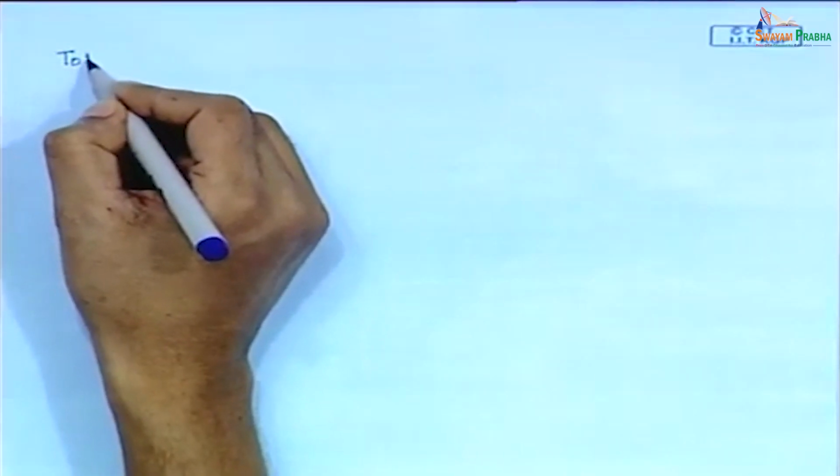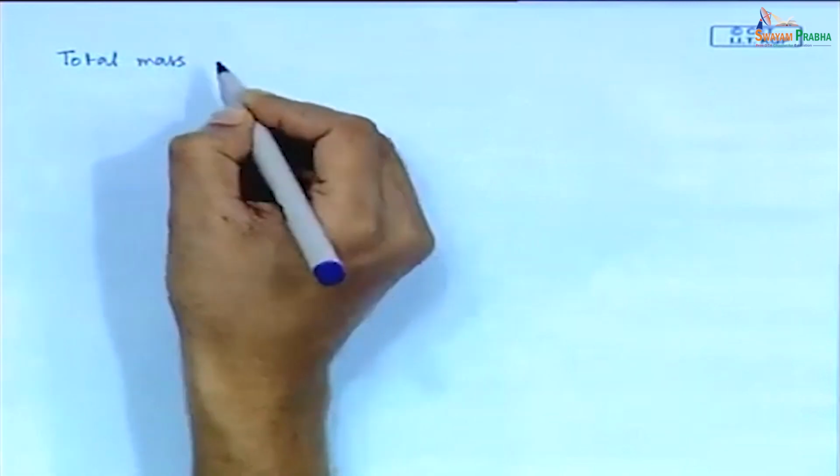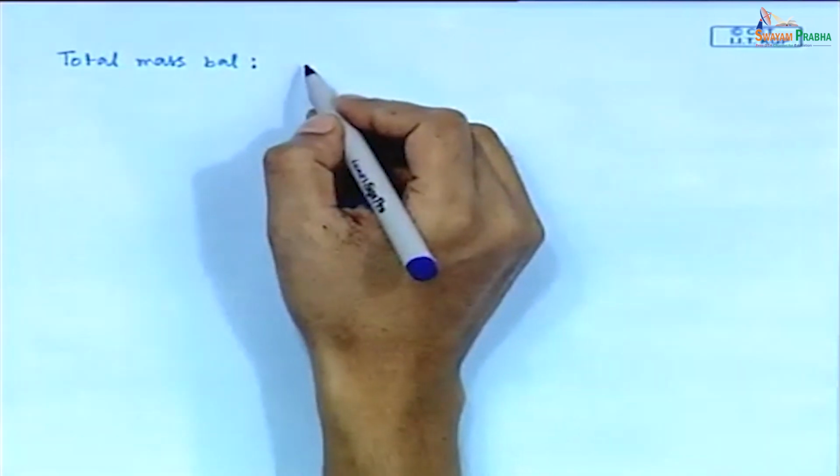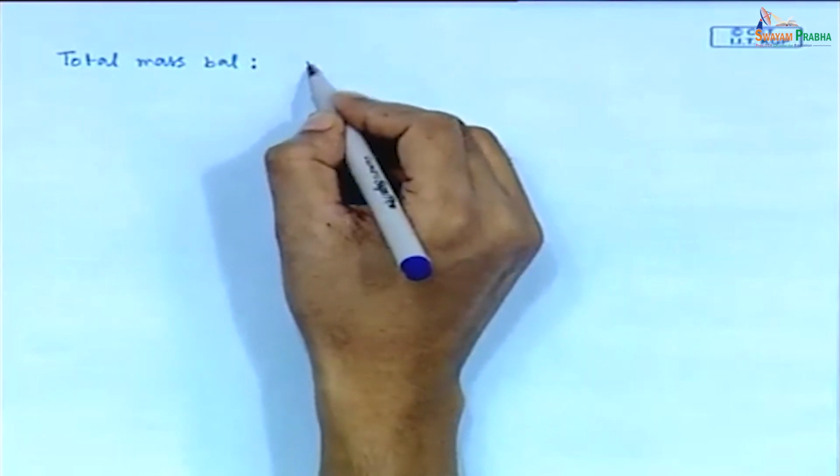Now, what are the variables involved in these modeling equations and how can we calculate those variables? In the modeling equations, we got total mass balance. Total mass balance equations are basically ordinary differential equations. By solving those equations, what can we calculate? Hold up.